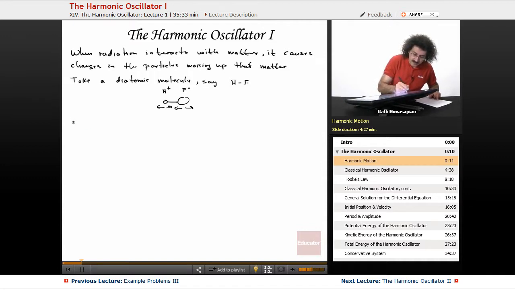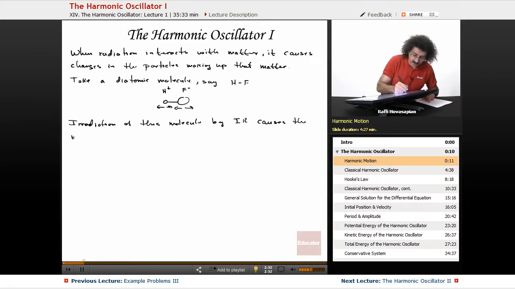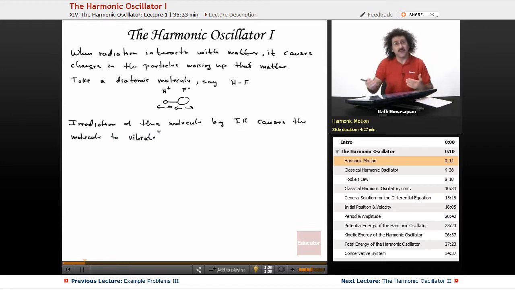Now, irradiation of this molecule by infrared radiation causes the molecule to vibrate at different frequencies.